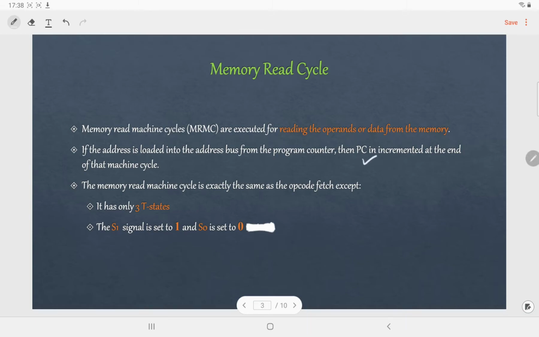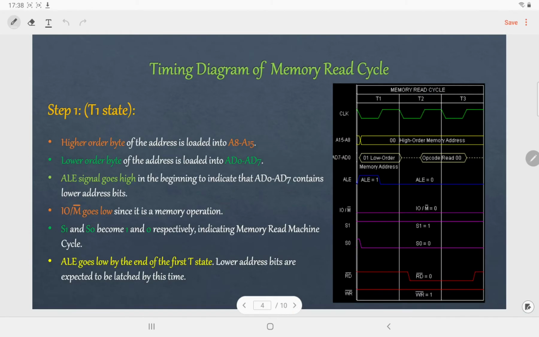This is a point which we should keep in mind. So at the end of memory read cycle the program counter is incremented by 1. And the memory read machine cycle requires 3 T states, and as I have said S1 signal is set to 1 and S0 is set to 0.